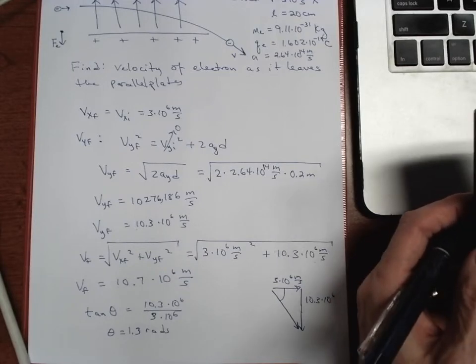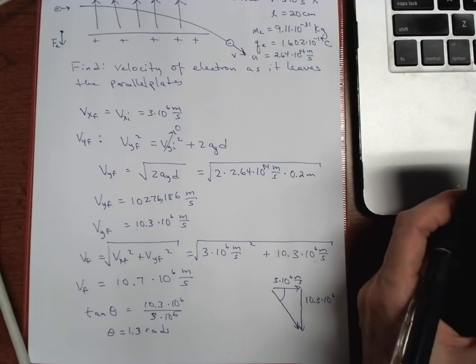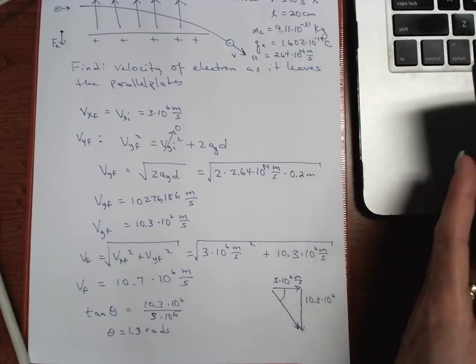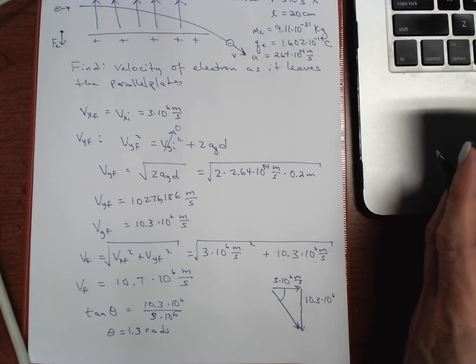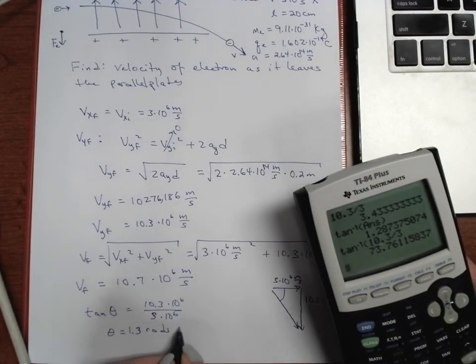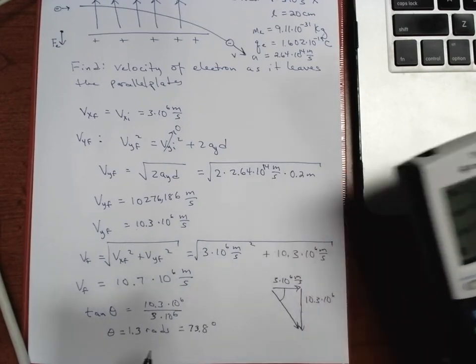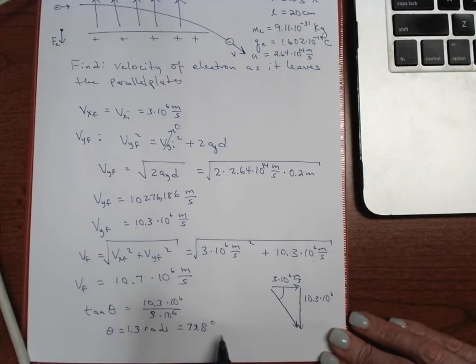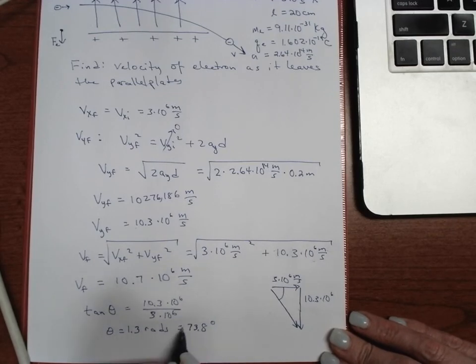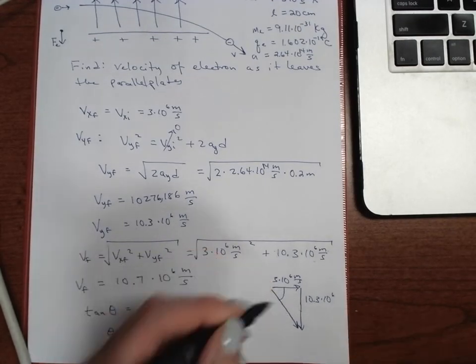So the inverse tan of 10.3 divided by 3 is 73.8 degrees, and that's this angle here. That angle is really a negative, because I'm measuring from here and going down, so that's a negative angle.